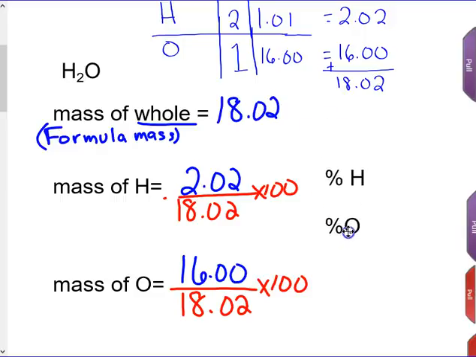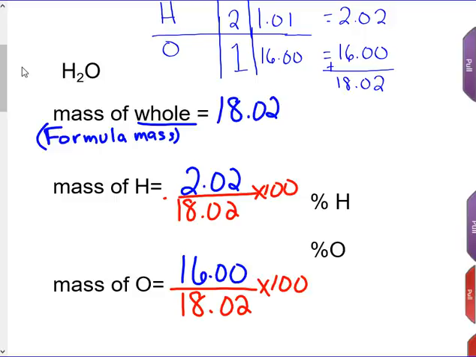Now my percent by mass of hydrogen and my percent by mass of oxygen are going to add up to 100. But for hydrogen, I'm going to go ahead and do 2.02 divided by 18.02 times 100.